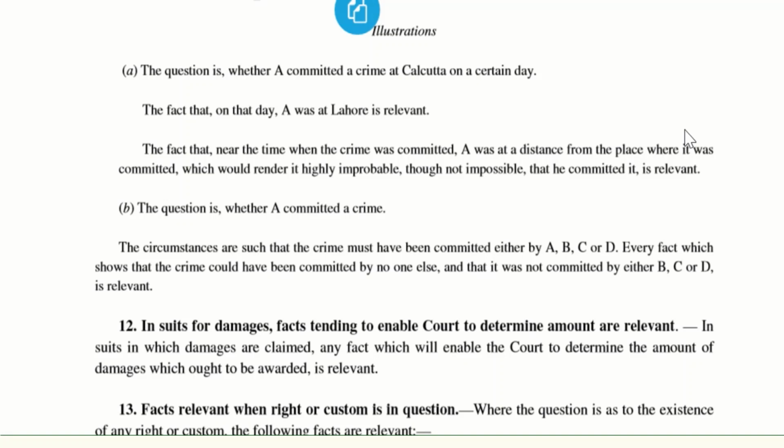Now let us come to the next aspect in the same example. It says, when the crime was committed, A was at a distance from the place where it was committed, which would render it highly improbable. Let me try to explain this in a much more simple way. Imagine a murder was committed with a small knife. And the person who is accused was at a distance of around 40 feet from the place where the murder took place at the time when the murder took place.